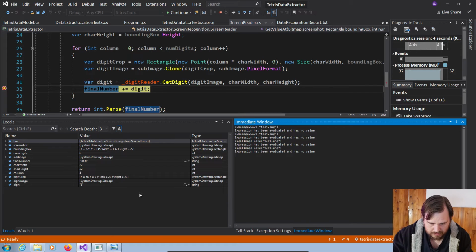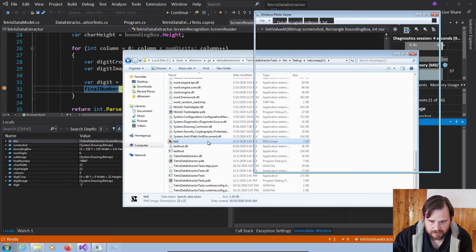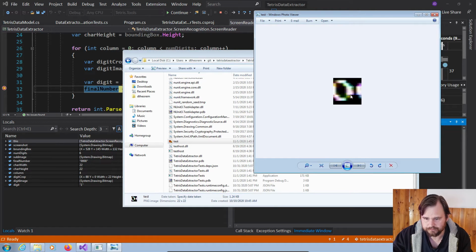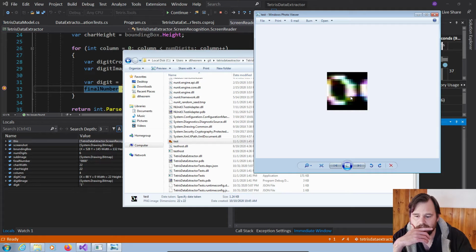So let's get this open and see why this is being seen as a 1. Because we're just moving over, we have a one-off pixel issue here. I'm not sure what the issue is.